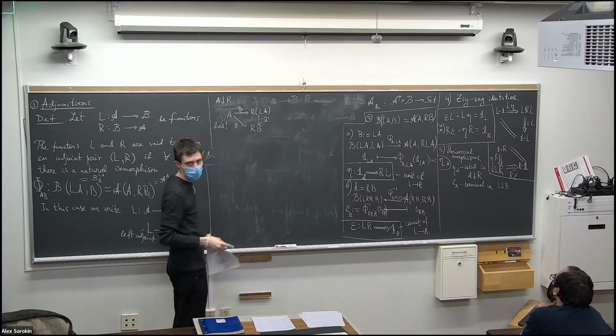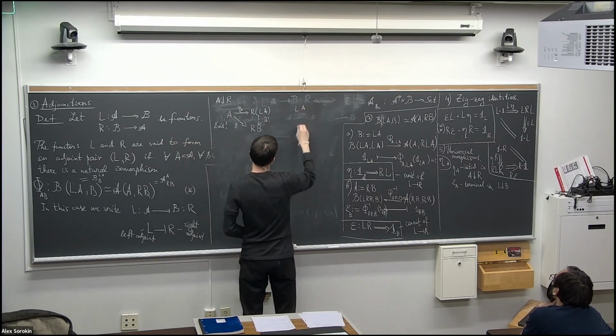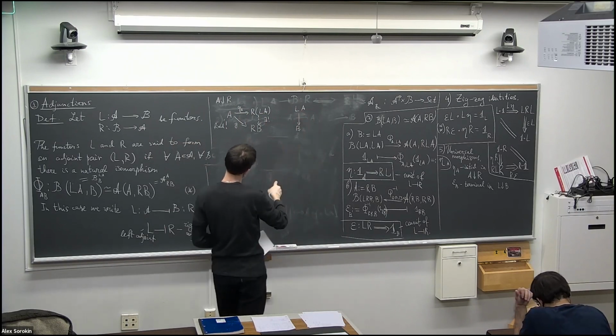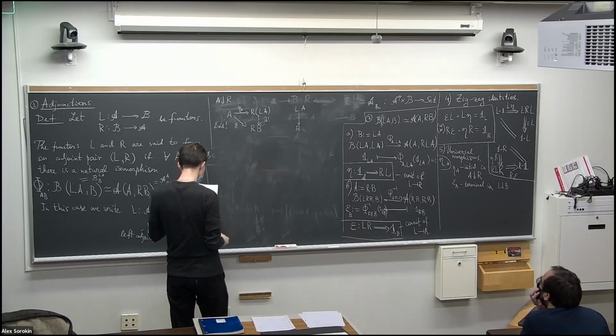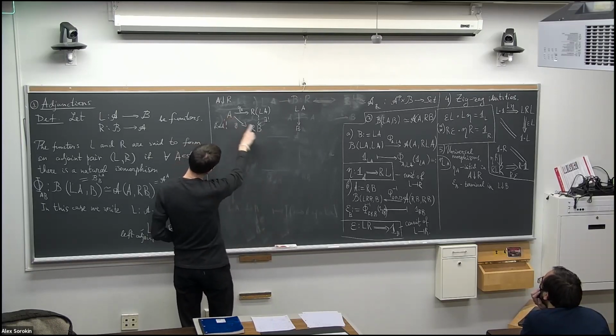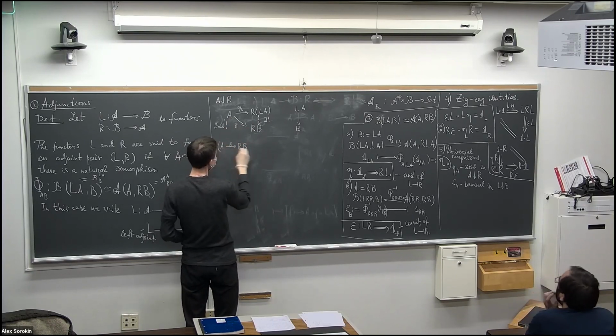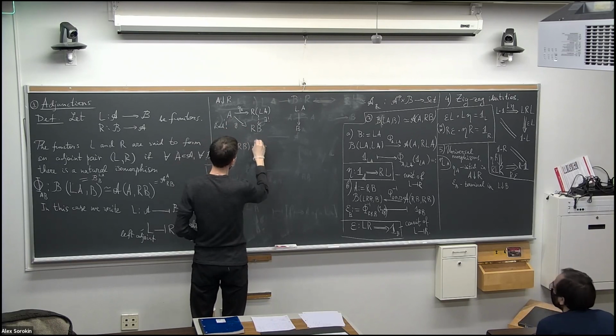morphism making this diagram commute. But this morphism should be from L of A to B, and here will be its image under R. So what is it? We are taking an arrow G from A to RB, and taking its image under phi AB.